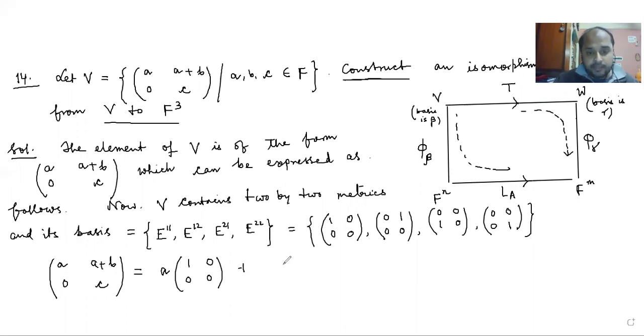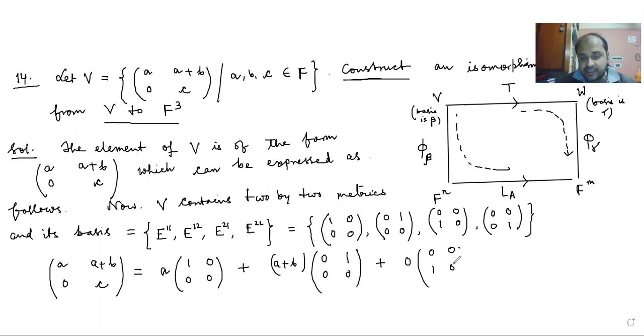Then a plus b into 0 1 0 0, and we have 0 into 0 0 1 0. But there is no logic in writing it, because we are dealing with F3, and here the term is always 0. It is fixed, it is 0.